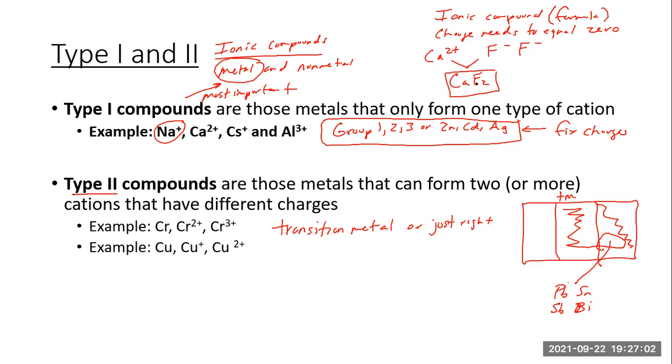So the formula for ionic compounds should definitely have no charge. But if you were to write what really makes this up, this is really made up of a cation that is calcium with a +2 charge and an anion that is fluorine with a -1 charge. So when we write formulas for ionic compounds, they do not have charges, even though they technically are made up of things that actually do have charges.